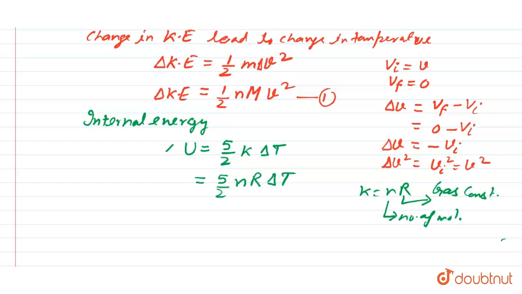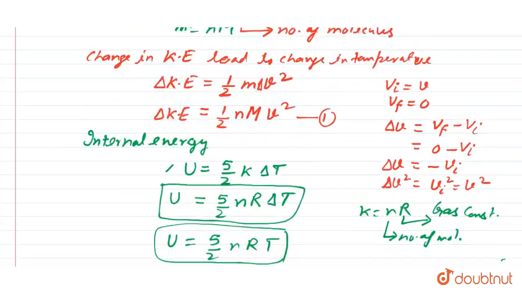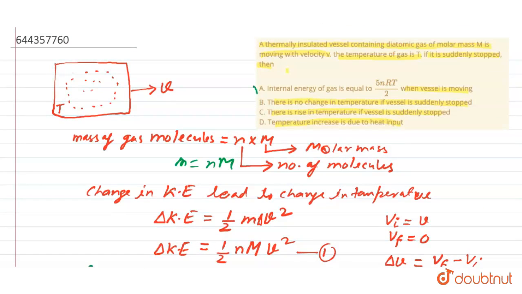So when the vessel is moving with velocity v, this change in the kinetic energy will be stored as the internal energy of 5 by 2 nRT, because the vessel is moving at temperature T and the gas molecules are at temperature T, so U is equal to 5 by 2 nRT. So option A is correct.